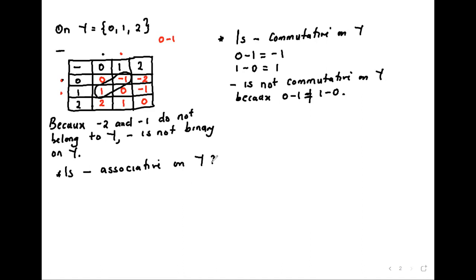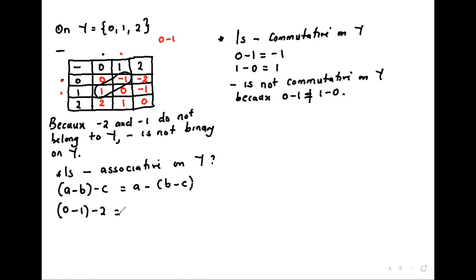Let's check. If we have A minus B minus C, is it the same thing as A minus (B minus C)? Let's pick numbers. We have 3 numbers here, so we'll pick without repeating any. Let's do (0 minus 1) minus 2.